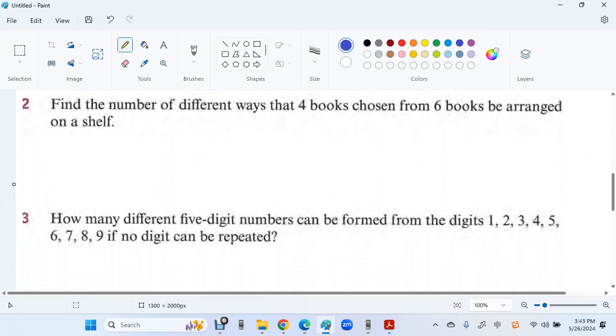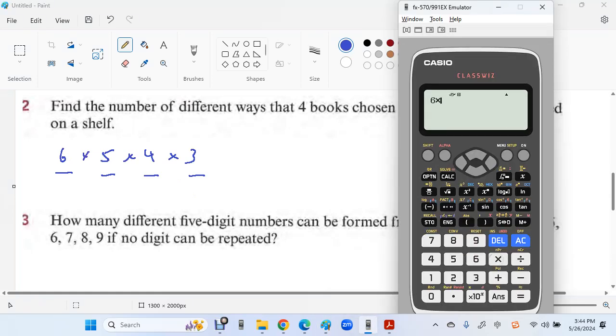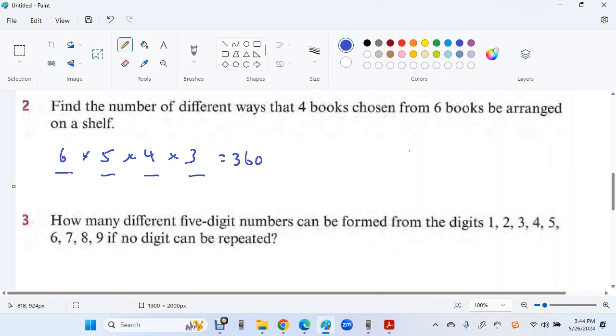Next, find the number of different ways that 4 books chosen from 6 books can be arranged on a shelf. So this one we have 2 methods. We want to choose 4, then we have 6 times 5 times 4 times 3, which is 360.